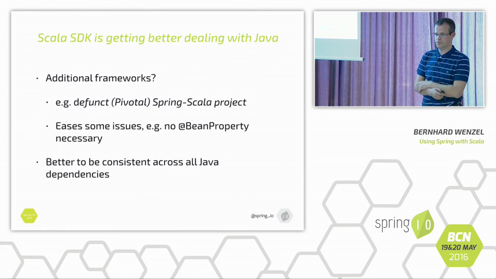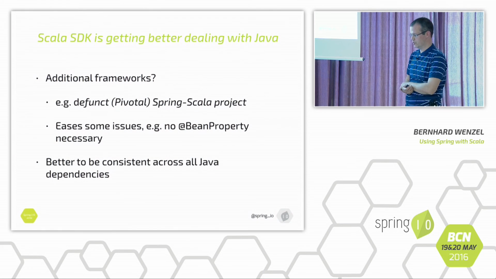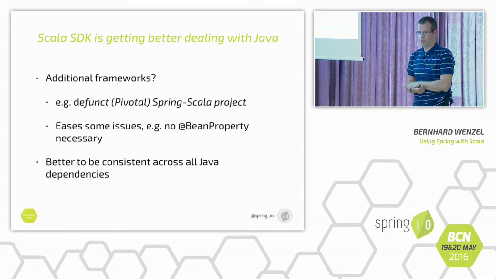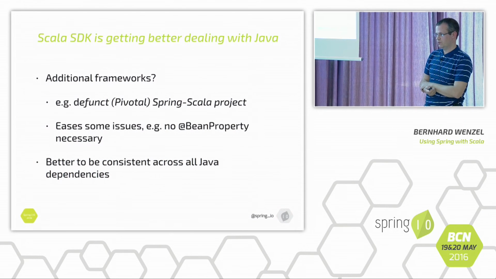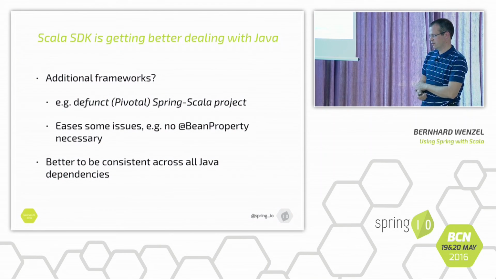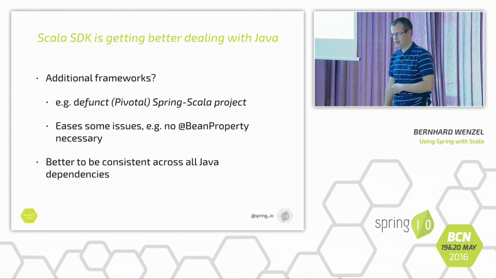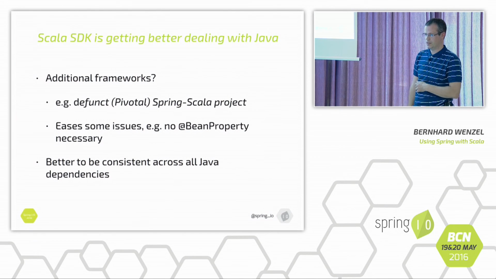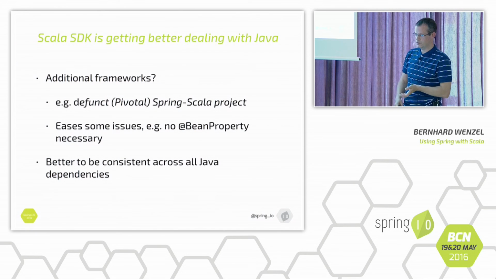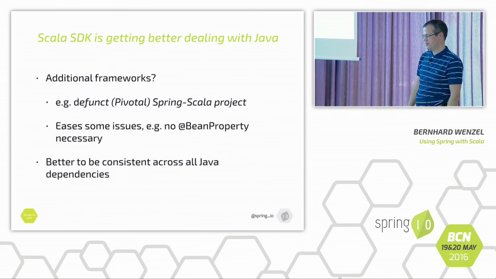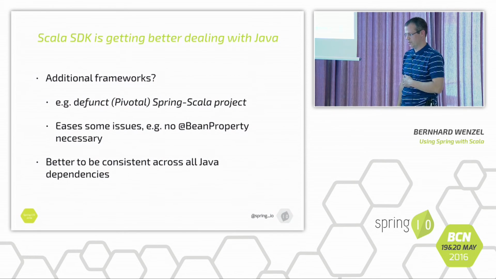It wrapped, for example, null values into options and so on. But the question is, do I really want to do this? And I think it's better to be consistent. I might have other Java dependencies, and just knowing that I need to deal with them differently than in another way, I think it's just better to have no further dependency, and just then basically bet on the SDK that it's even getting better and better.